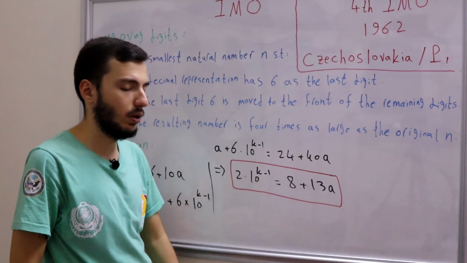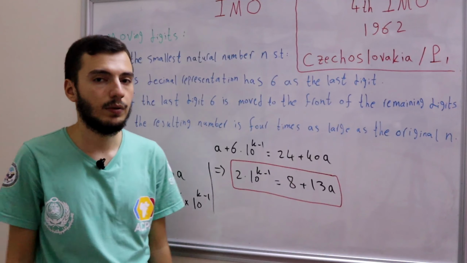Clearly this equation is in natural numbers, because a is a natural number and k as well. So how can we solve such a thing here? Clearly we don't want to solve it fully, we just want to find the smallest natural number n.